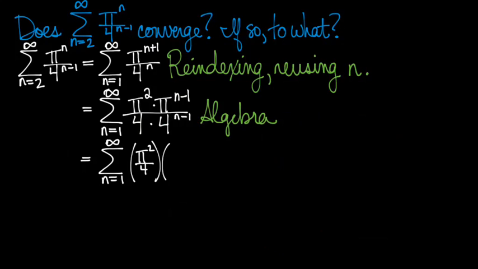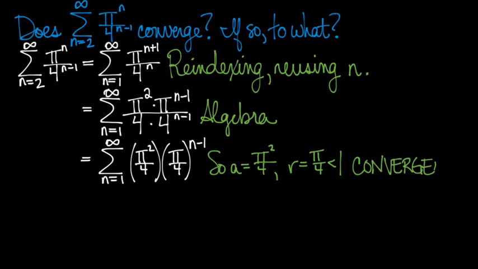Now I'm happy because I think I can present this in a nice way. I think I have a here, r here, n minus 1 is exactly as it should be. The series starts with n equals 1. So I know now, because pi is 3.14159 and so on, that pi divided by 4 is less than 1. This series must be convergent.